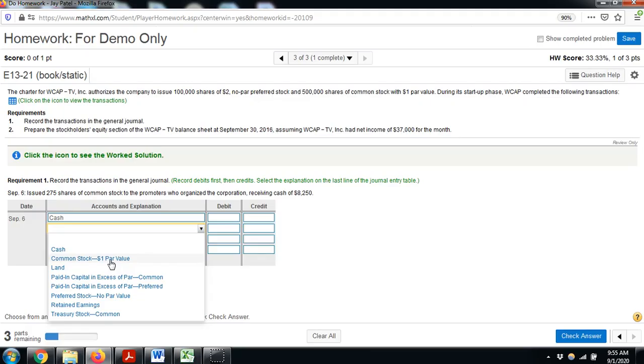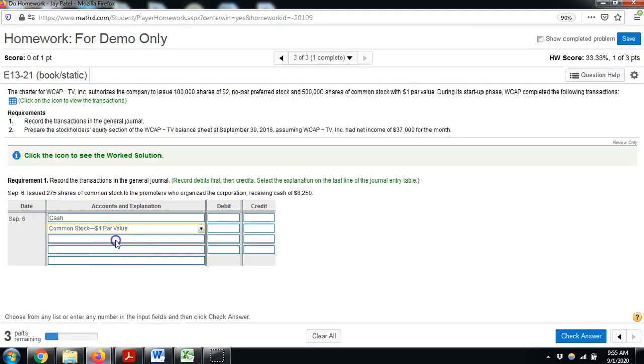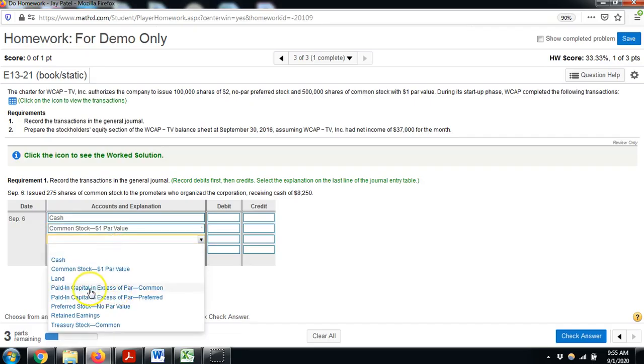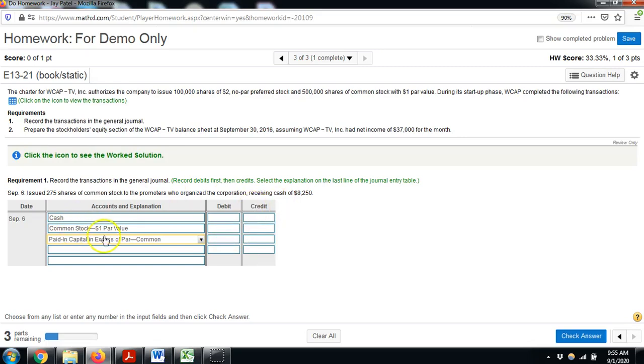So we're going to have the common stock here, and also paid-in capital in excess of par, because at $1 par value, 275 shares is only $275, but we're receiving $8,250. So we're going to have an excess amount in addition to the par amount for the stock.